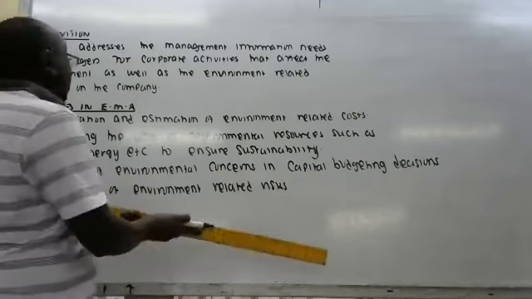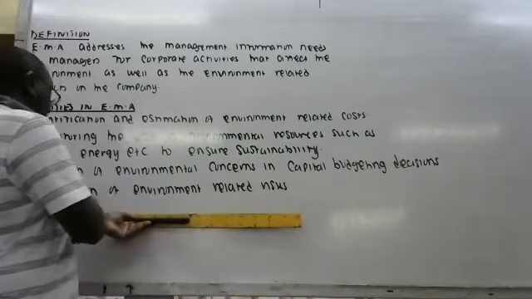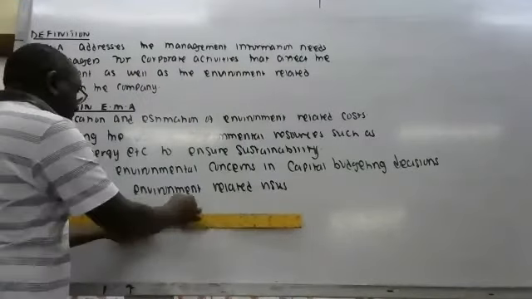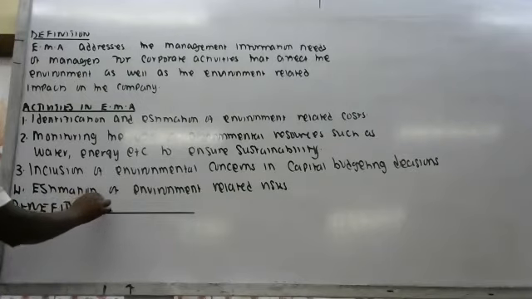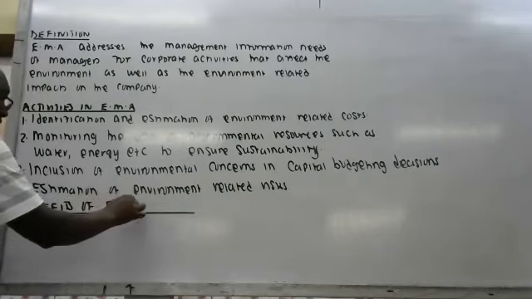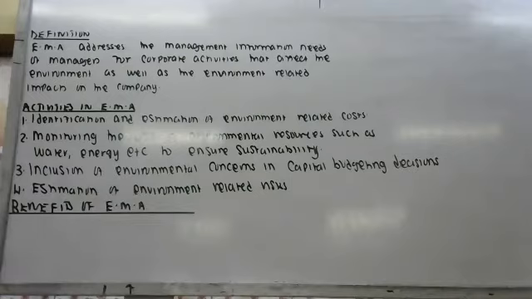And something else that maybe you could highlight as you struggle for the 10 marks are the benefits of environment management accounting. How can the firm benefit? One, there is enhanced corporate image.